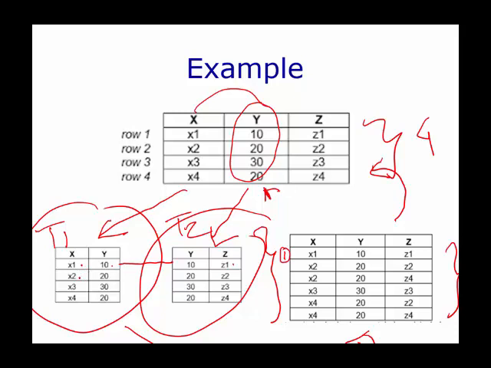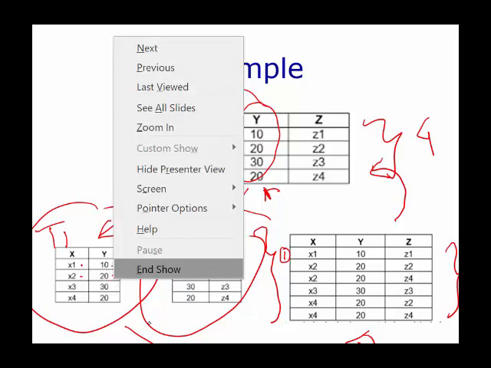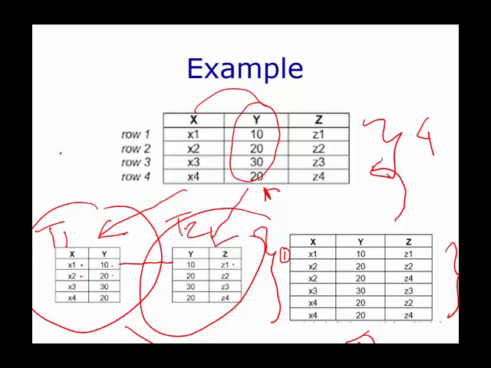And number 1 is x2 20, and then z2. And number 3 is x2 20. We have 20 here, 20 with z2 and 20 with z4.